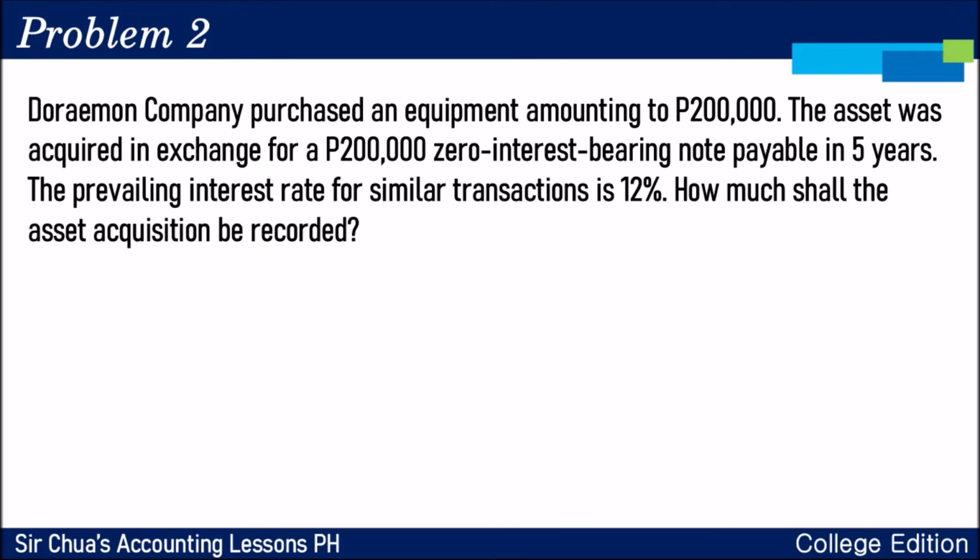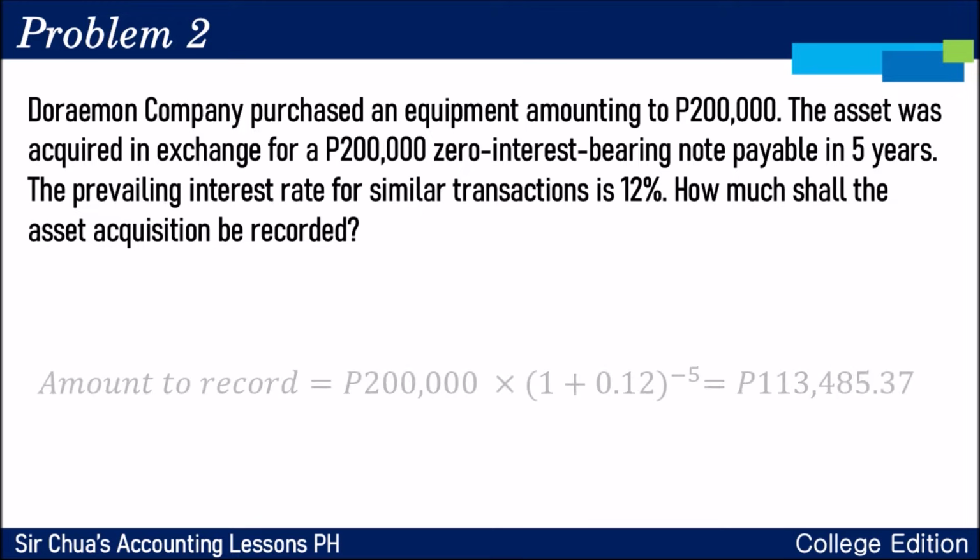Magkano po natin i-record yung asset na binili natin? Hindi po 200,000. Okay? We just need to get the present value of the 200,000. So ganito po siya. Yung 200,000 natin na asset cost, multiply po natin sa present value ng 12% at 5 years. Okay? So, 1 plus 0.12, which is 1.12 raised to negative 5.